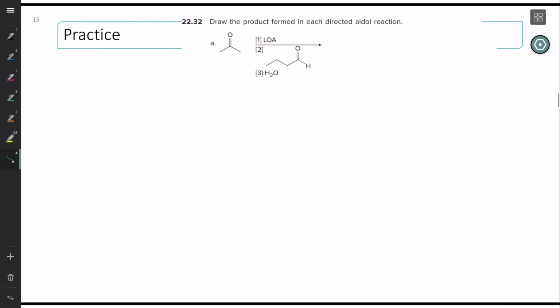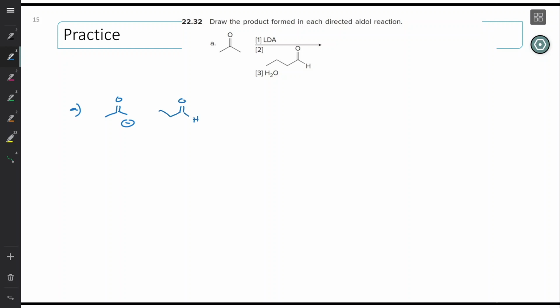Here's a little practice for you, just this little one. So pause, do it. Yes? Okay. So my ketone here is symmetrical. It doesn't really matter that I used LDA, but I'll form that enolate.